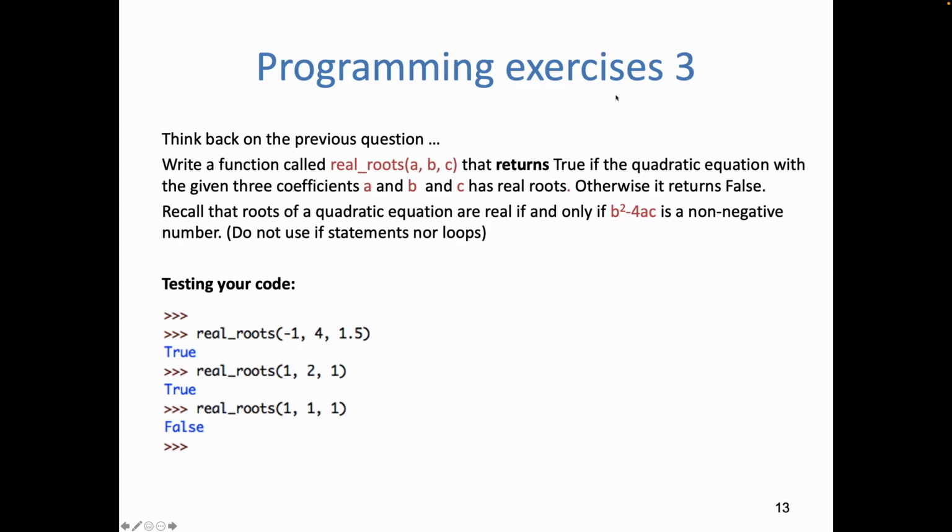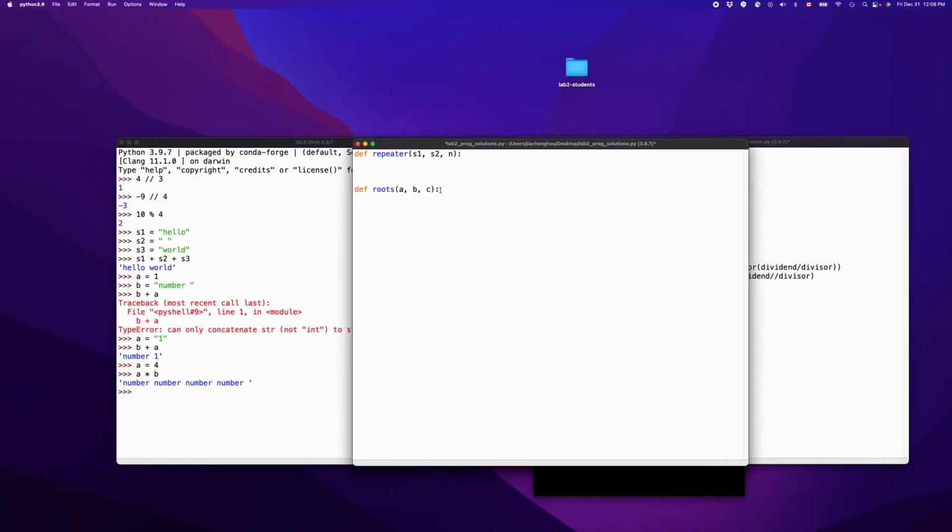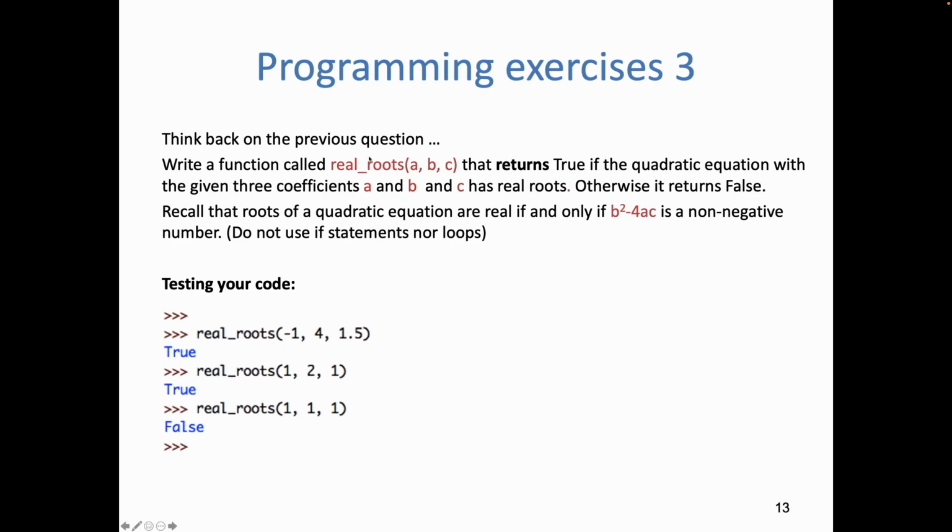Okay, third exercise. Think back on the previous question. Write a function called real roots A, B, C. So here, the third function should be like real roots A, B, C. It returns true if the quadratic equation with the given three coefficients A, B and C has real roots.